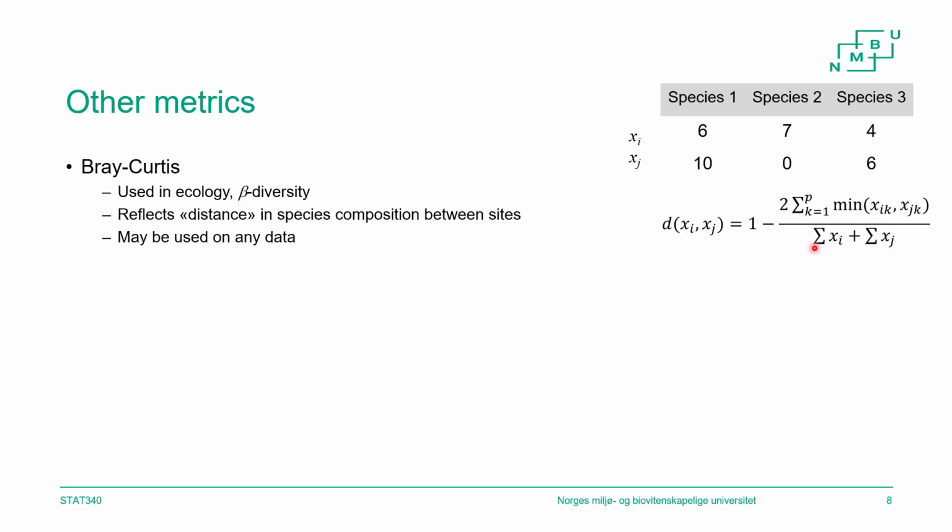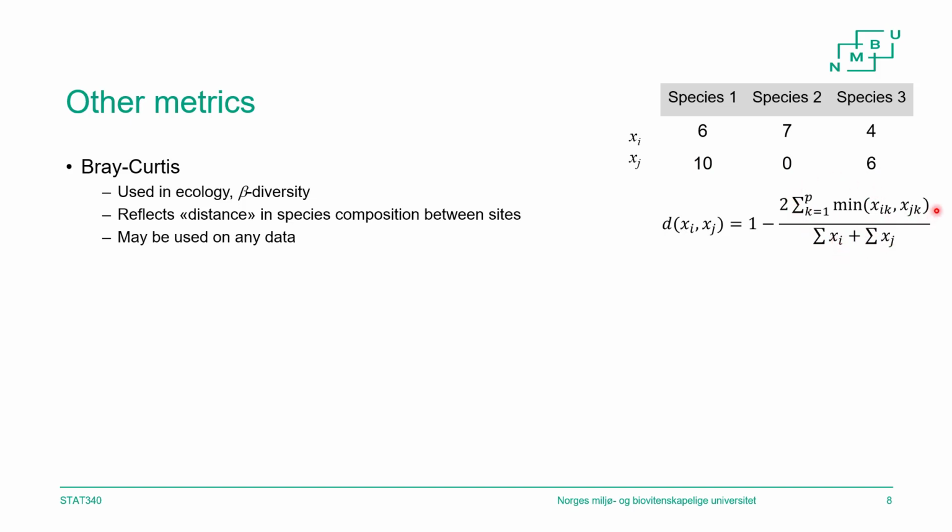First, let's look at these denominators here. This one is simply the sum of the values in the row xi, and this is simply the sum of the values in xj. So you sum up the values in both rows. In this case it's 17, and in this case it's 16. So 17 plus 16, as seen here.